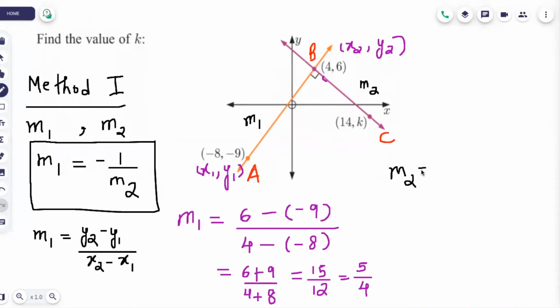M2 is equal to y2 minus y1 upon x2 minus x1. So already x2, y2 is marked here. I can mark it as x1, y1 for this line. So this is for line BC I'm doing, and M1 was for line AB.